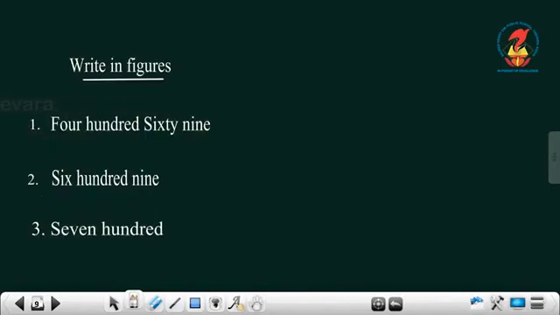Now, write in figures. 469. How will you write in figure? Figure means in number form. In hundreds place we have the number 4. So you will write 4 and tens and ones place 69. So 469. Got it? This is how you write in figure. 609.